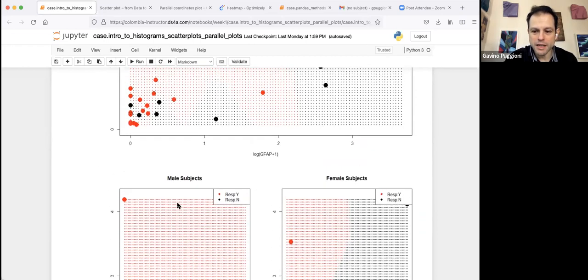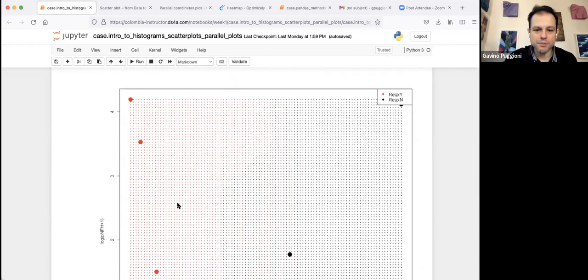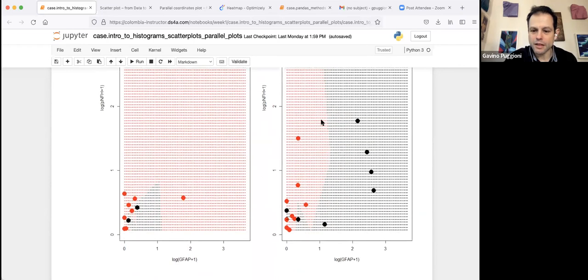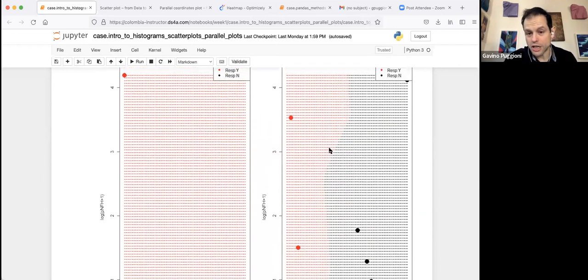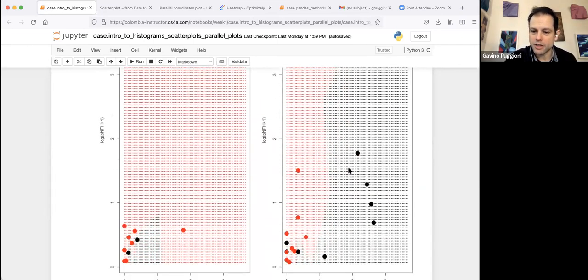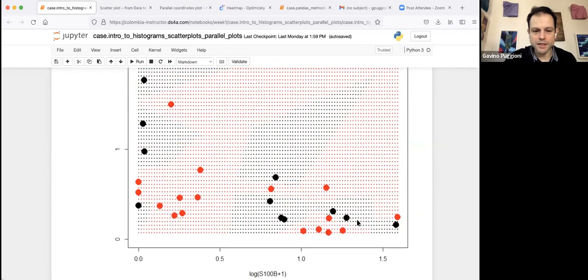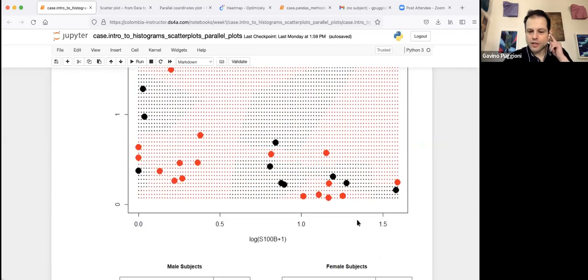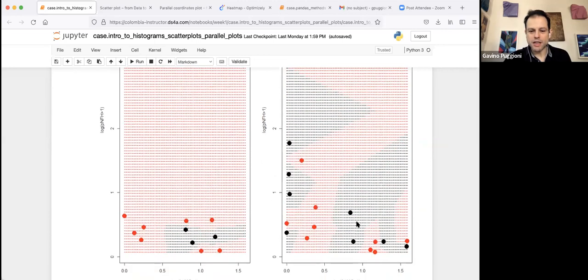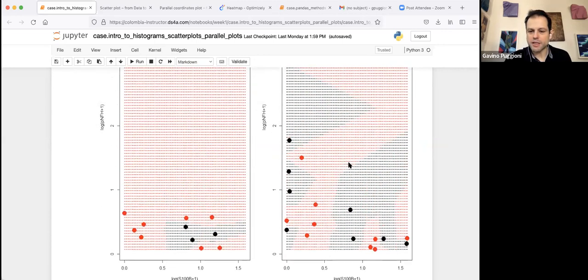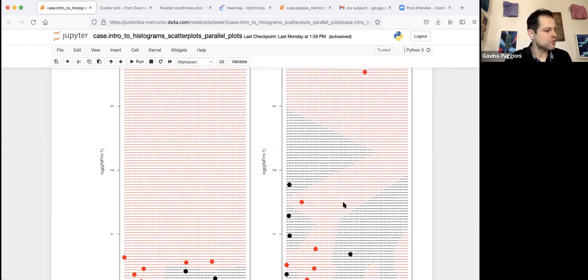However, for female subjects, the PNFH, in conjunction with GFAP, seems to actually provide quite a bit of insight. And this is the PNFH versus the S100B. We can clearly see a nonlinear relationship here, especially for the female subjects. And this would be very hard to use for classification.